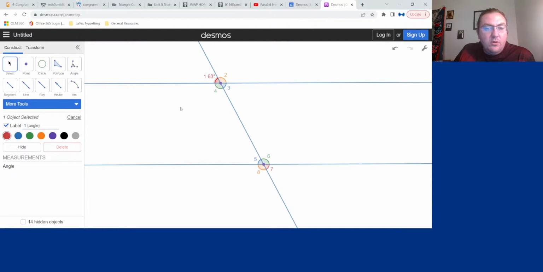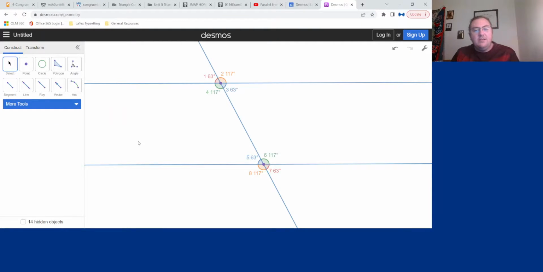But I am going to close with showing what the angle measures were, so that we can see that each of these acts the way we expect it to, the way we described it.